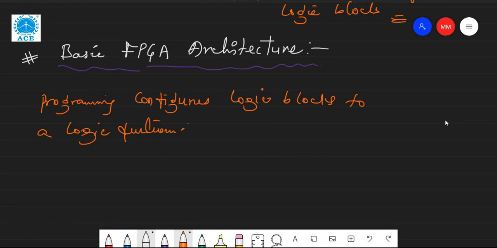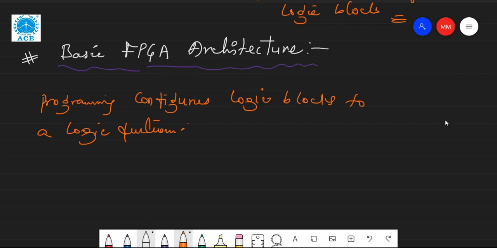Every block, every connection, every input-output device is programmed here. Everything is programmed. That is the greatness of FPGA. And we have different techniques and methods to follow the architectures: SRAM based and anti-fuse.